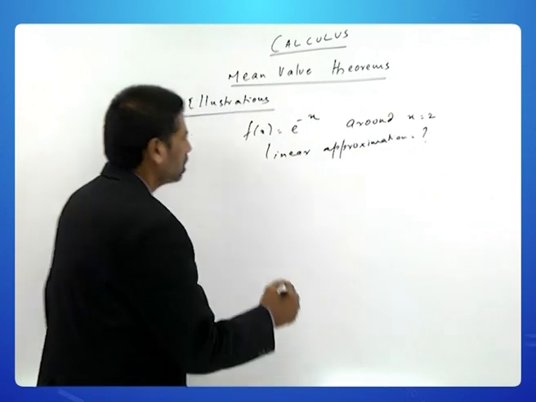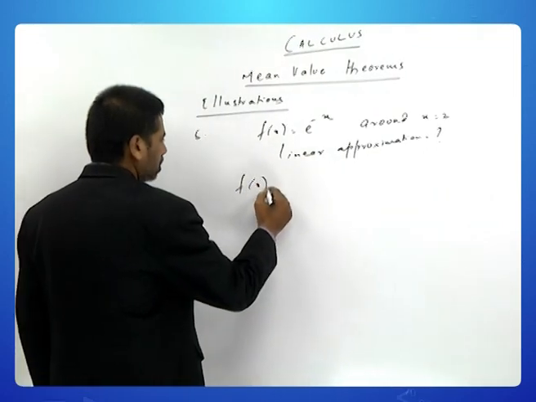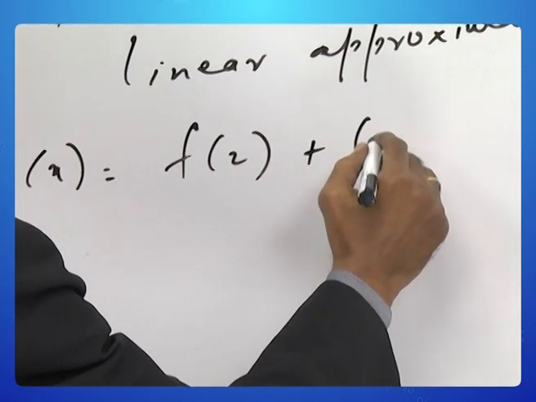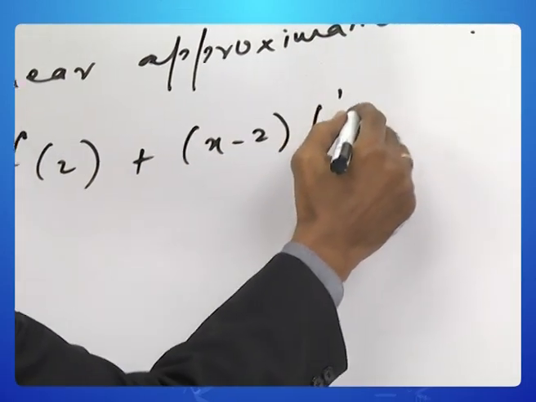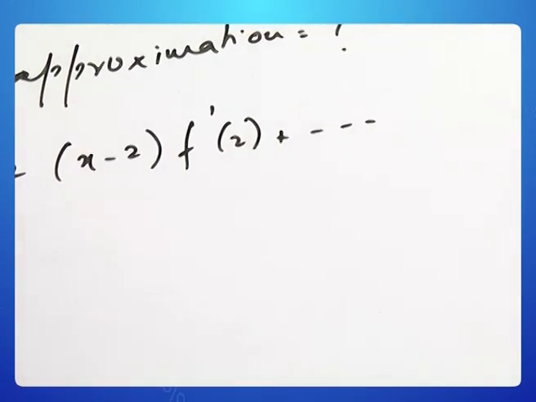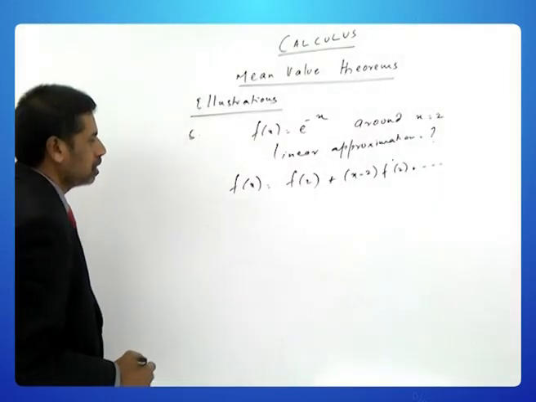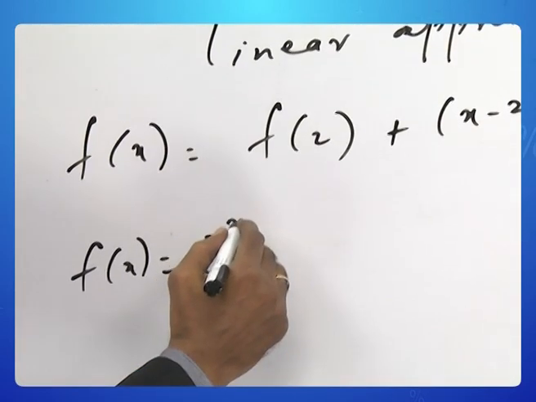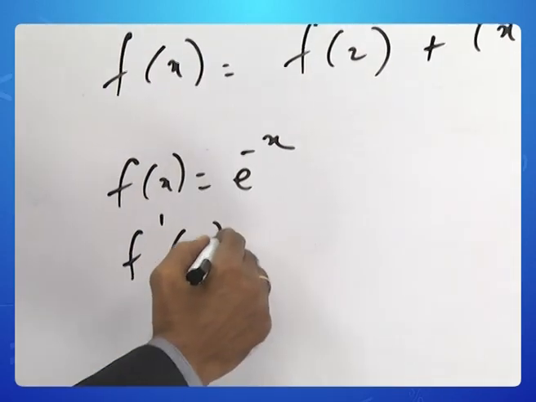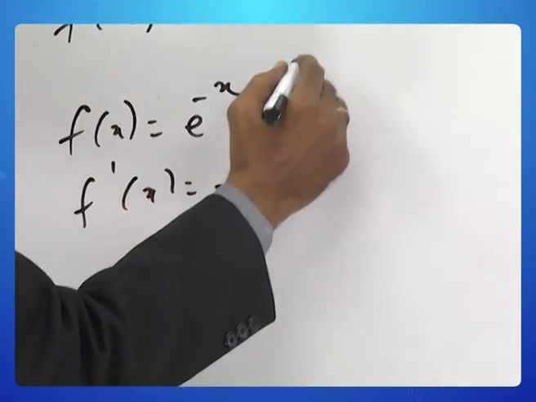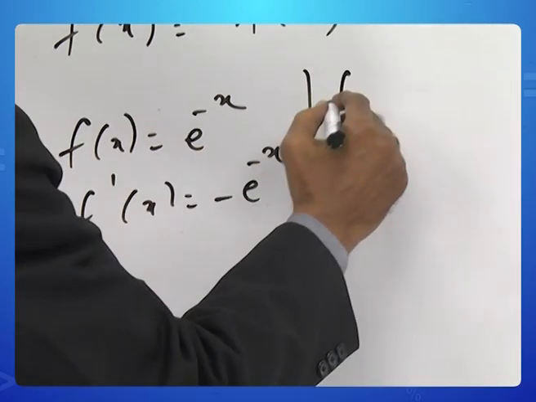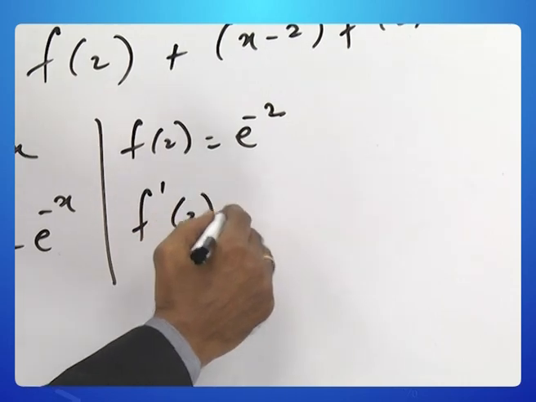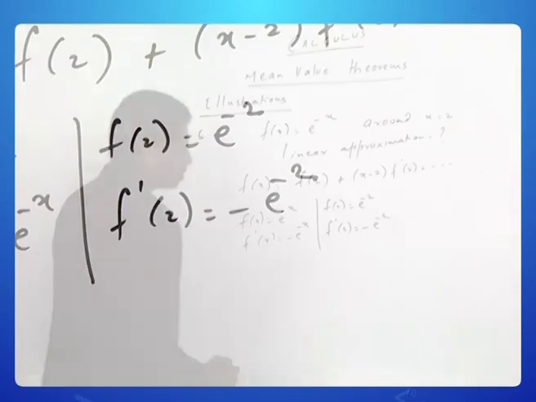So let us write Taylor's series for a linear approximation. f of x is equal to f of 2 plus x minus 2 f dash 2 and so on. So when f of x is equal to e power minus x, f dash x is minus e power minus x. So let us calculate f of 2. This is e power minus 2. f dash 2 is minus e power minus 2.